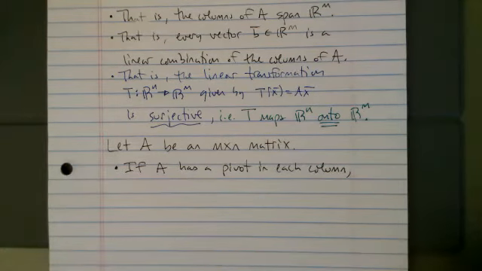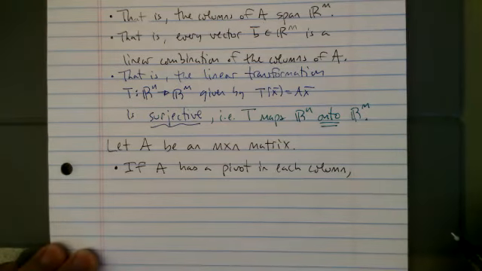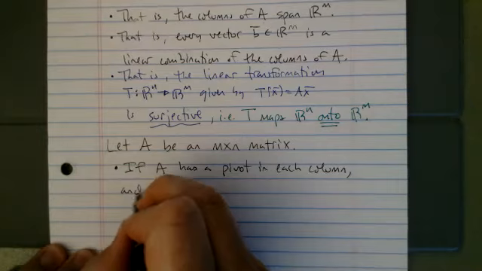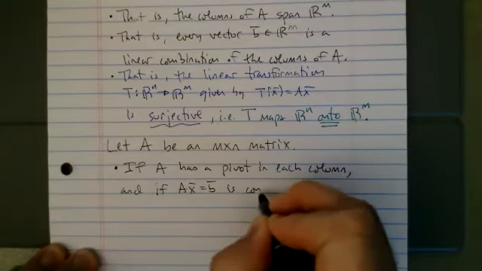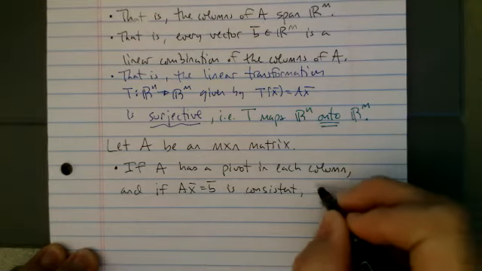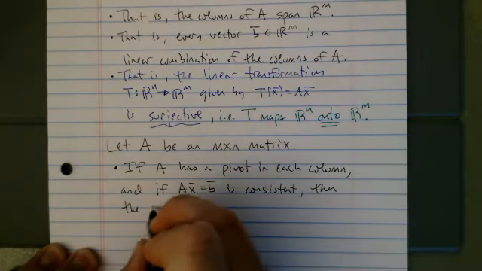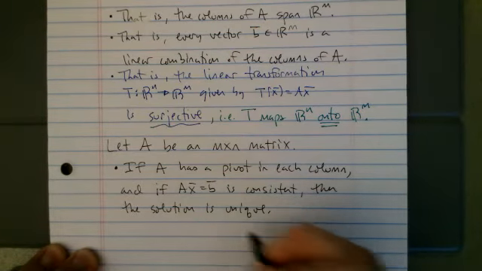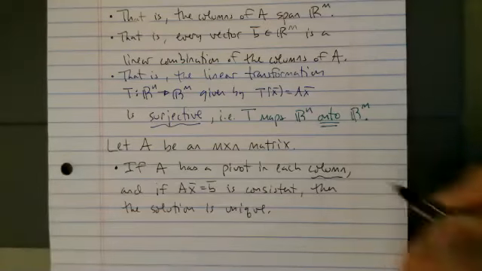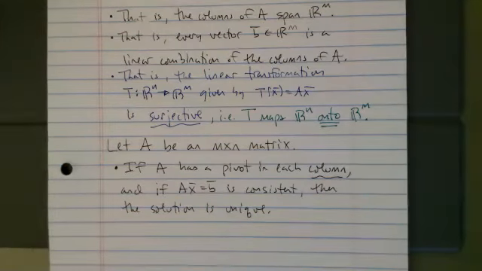So if A has a pivot in each column, and if Ax equals b is consistent, then the solution is unique. So a pivot in each column means that if the equation Ax equals b is consistent, then the solution is unique.